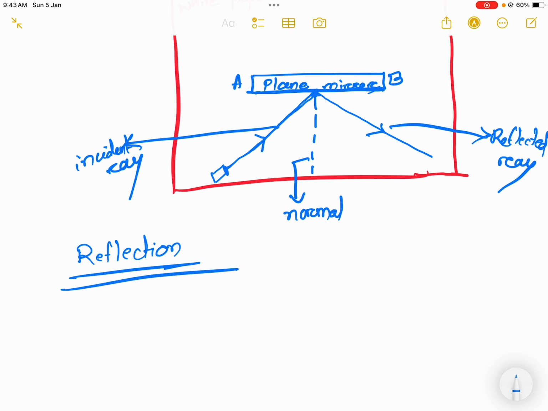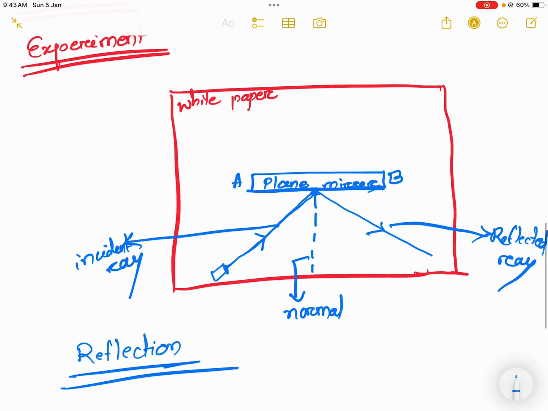What do you see from this experiment? You see that the incident ray, normal and reflected ray lie on the plane of paper.